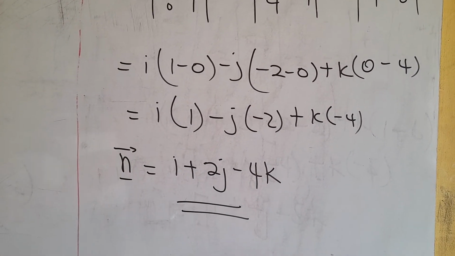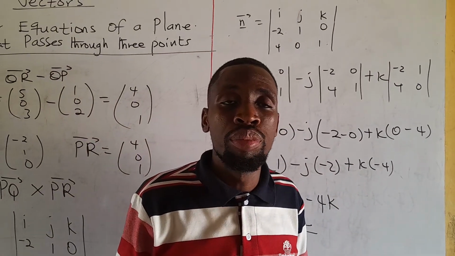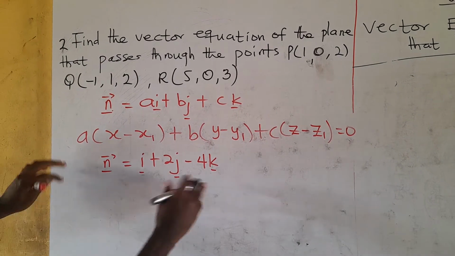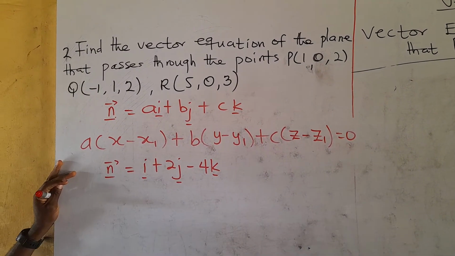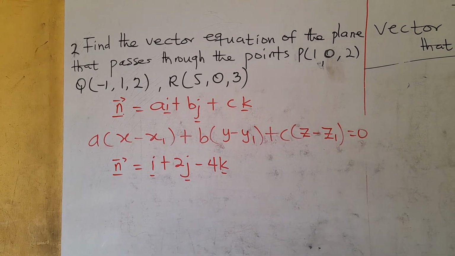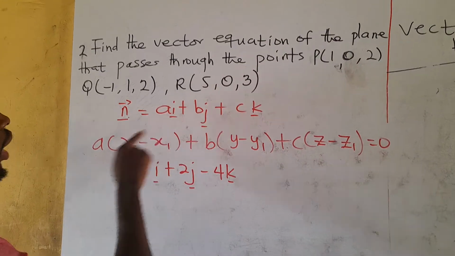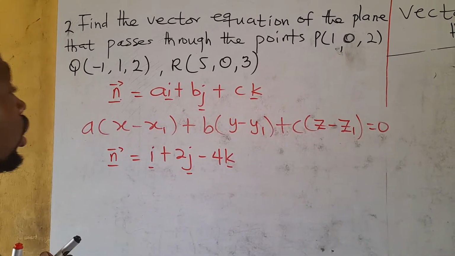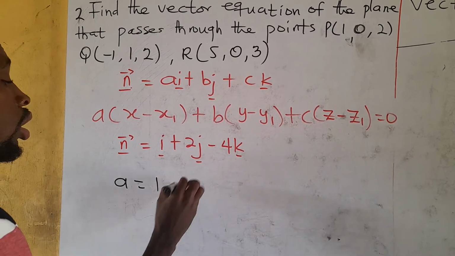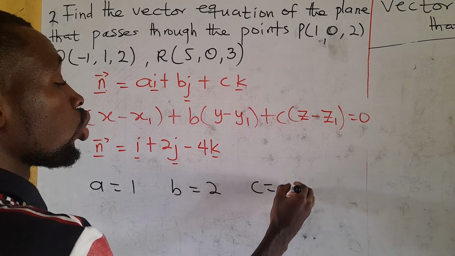So with our normal vector, we can find the vector equation of the plane. With us finding the normal vector, the greater part of the work is done. We said the vector equation of the plane, if the normal vector is this, then the vector equation of the plane will be this. So we can compare. We know that our A is 1, the B is equal to 2, and C is equal to -4.